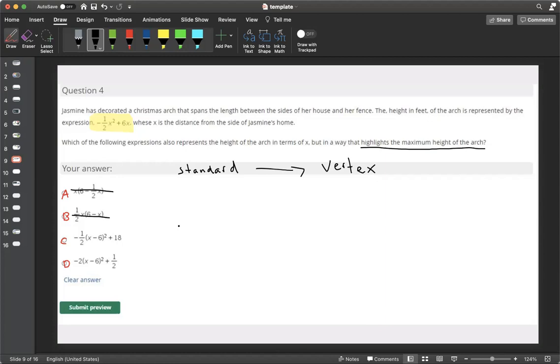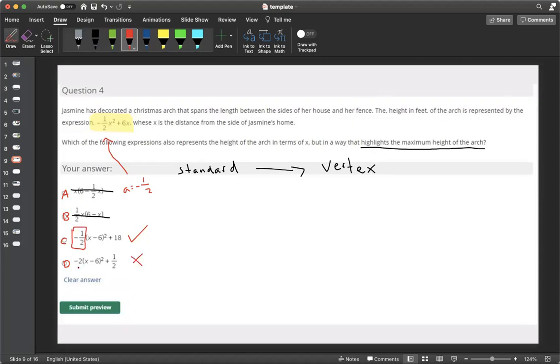The intelligent way is we are looking at this standard form here, and we see my a is equal to negative 1/2. That's my a value. If I look at C and D, C has negative 1/2 as A, so that would be right.